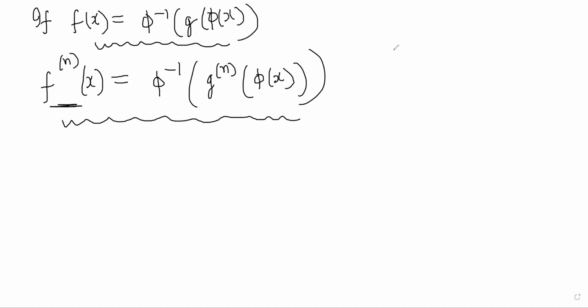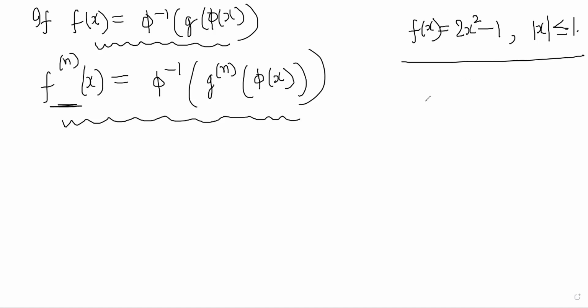Now we'll come back to the problem. In the problem, if you remember, we had f of x is equal to 2x square minus 1 and mod x is less than or equal to 1. This was the situation, right? Now, in this case, I can take my phi of x as cos inverse of x. We will see why that is useful. If phi of x is cos inverse of x, phi inverse of x is cos x, right?